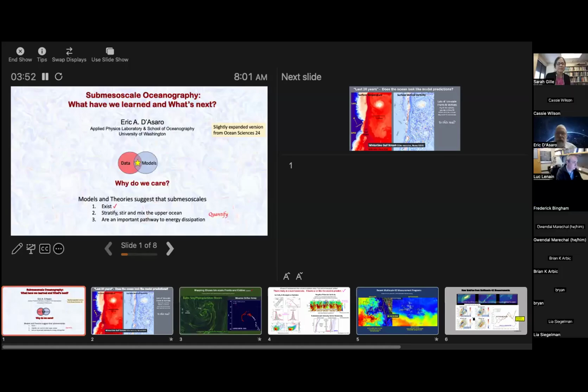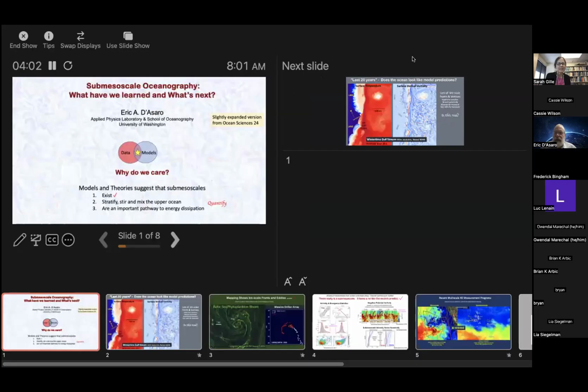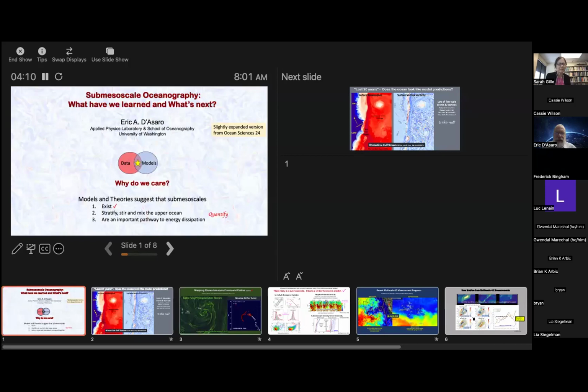Are you guys seeing my proper screen? Your presenter mode, you can swap displays. Okay, now this should be correct, right? It didn't swap. We'll try this. How about that? That looks promising. Oops, it swapped back. We had it all perfect when you were getting started.